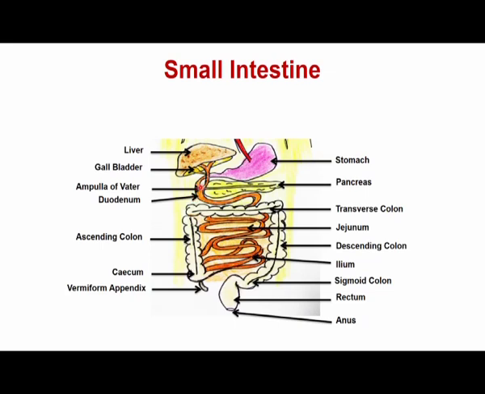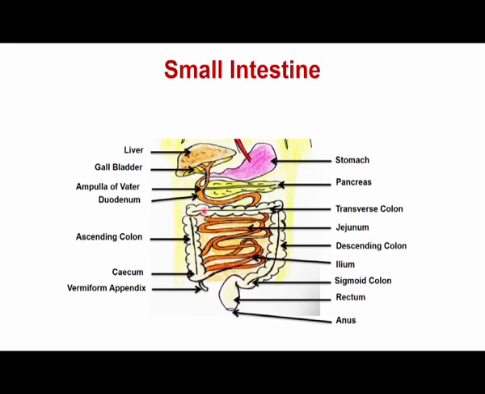The duodenum is a C-shaped or U-shaped tube, and it is not very long compared to the jejunum or the ileum, but it has the connections for receiving digestive enzymes.